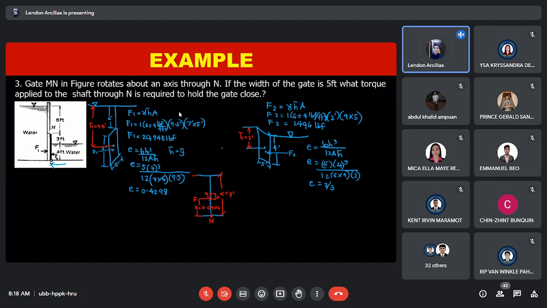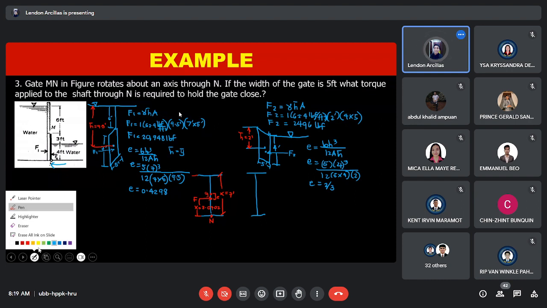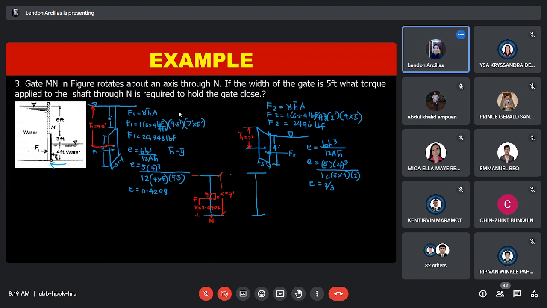Okay? So yun. So next is yung ating free body diagram dun sa left side, right side. This is 2 feet. Ito, 4 feet, sorry.